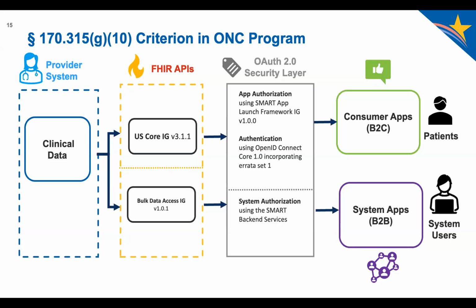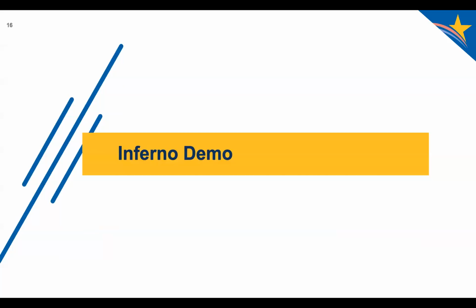This security layer is designed around the OAuth 2.0 standard, so app authorization to access data is done in a secure manner. Consumer and system apps can then use these secure FHIR APIs to access clinical data from providers. All right, we can go to the next slide, which is our Inferno demo.